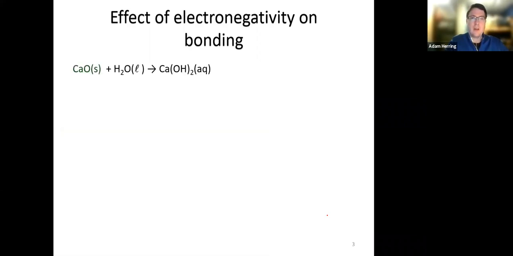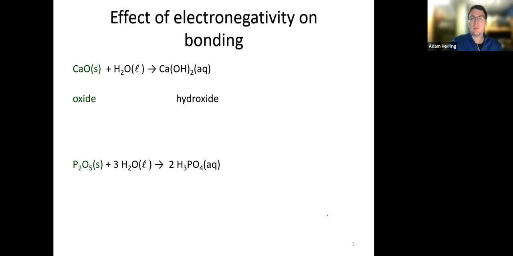So this is a chemical reaction involving calcium oxide, which is an ionic solid, with water, and it forms calcium hydroxide. So we have an oxide forming a hydroxide, and we have a similar reaction with diphosphorus pentoxide reacting with water to form phosphoric acid.